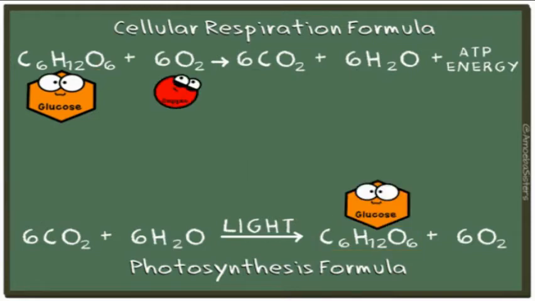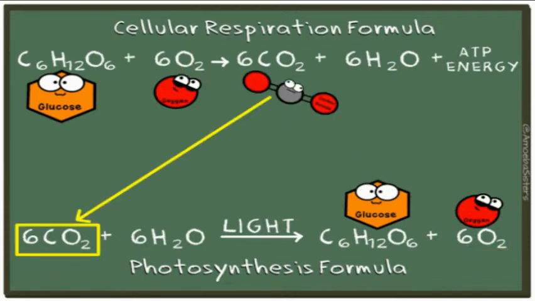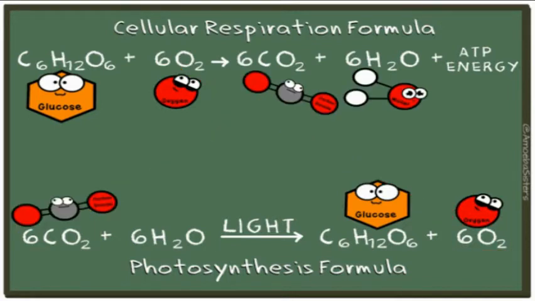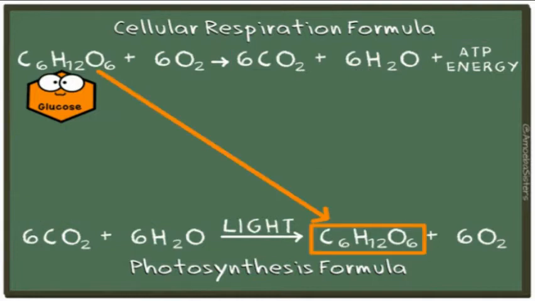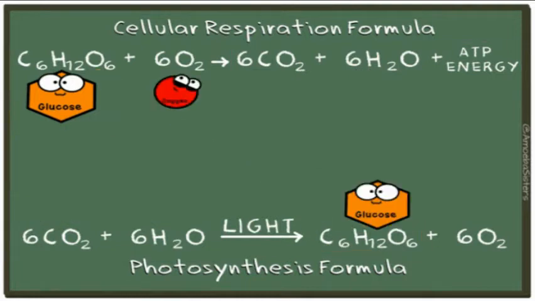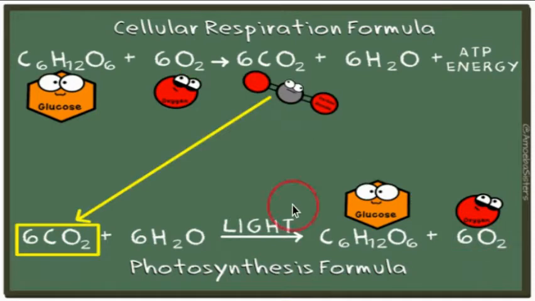And what I mean by that is that photosynthesis removes carbon dioxide from our atmosphere, but cellular respiration puts that carbon dioxide back. Similarly, photosynthesis releases oxygen into the atmosphere, and cellular respiration uses that oxygen to release energy from food.